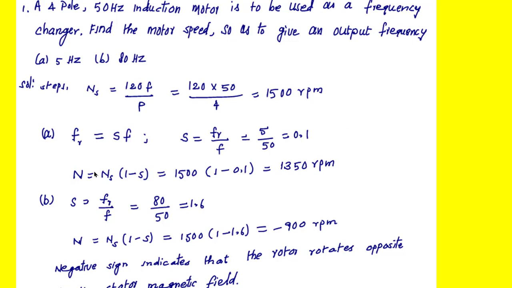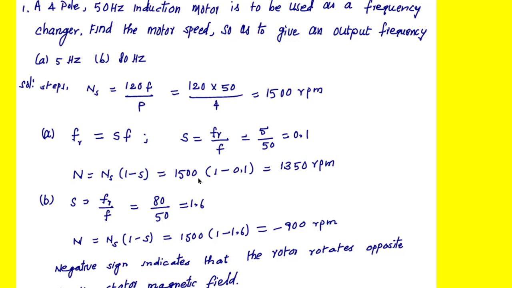Then the speed of the motor, that is also called rotor speed, also called actual speed, which can be measured by the tachometer, is N is equal to Ns into (1 minus S).